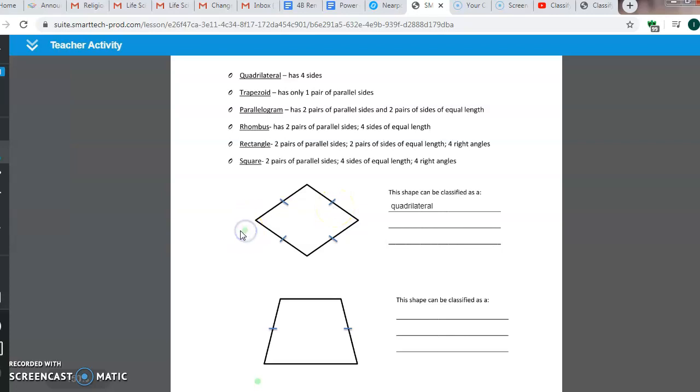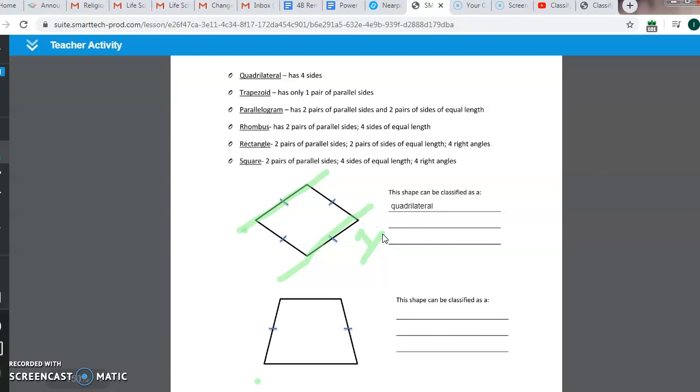What I like to do is extend the lines. So I'm going to extend these 2 lines that appear to be parallel, just to make sure that if these lines were extended, they didn't touch. And it does look like if these lines went on forever, they would never touch, which means that they are parallel.